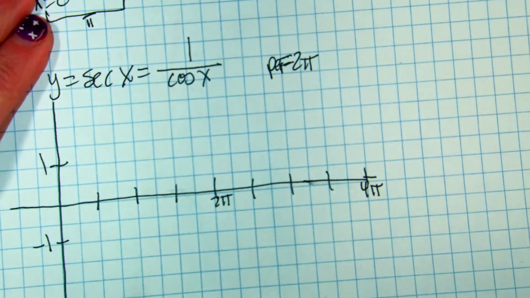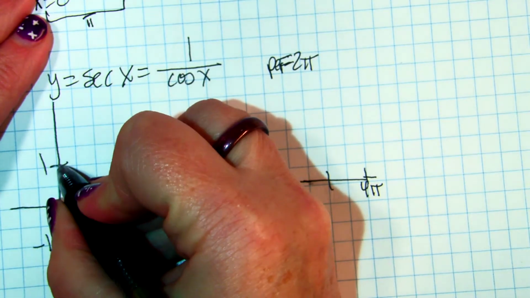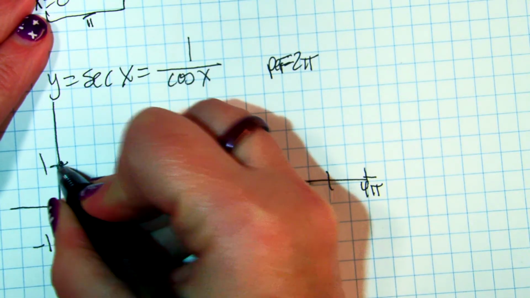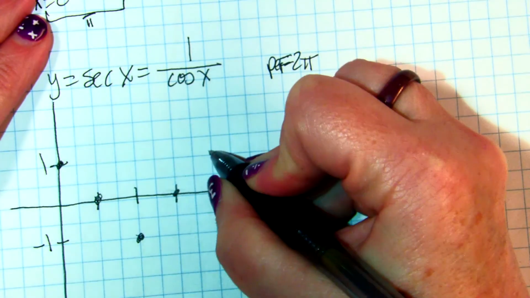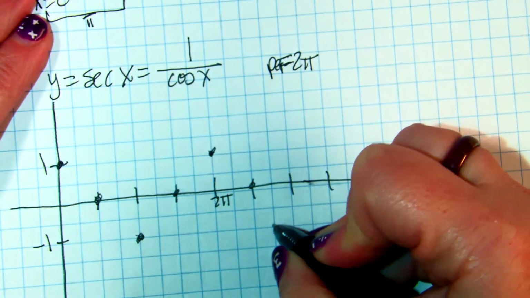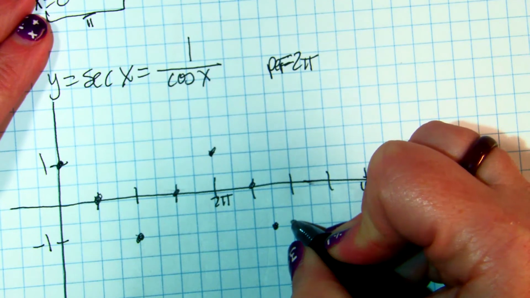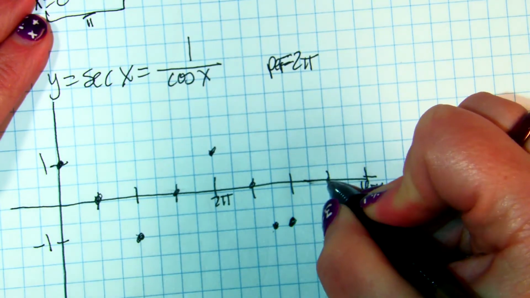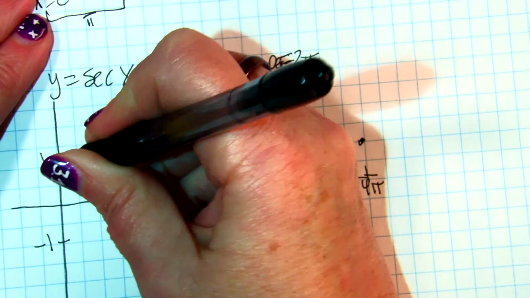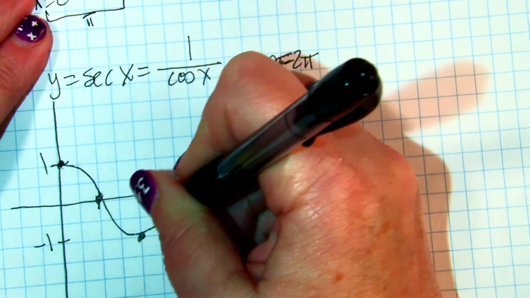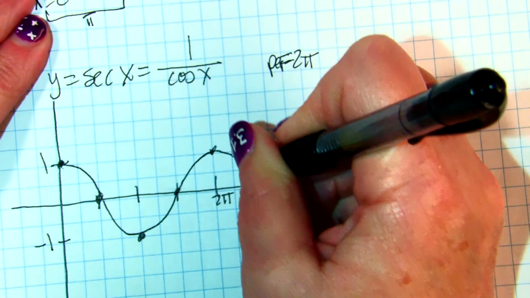Now, does cosine start at the origin or up? Up. So here are critical points. Whoops. It's here, it's not there. I'll ignore it when I'm graphing it. So we go smooth curve.